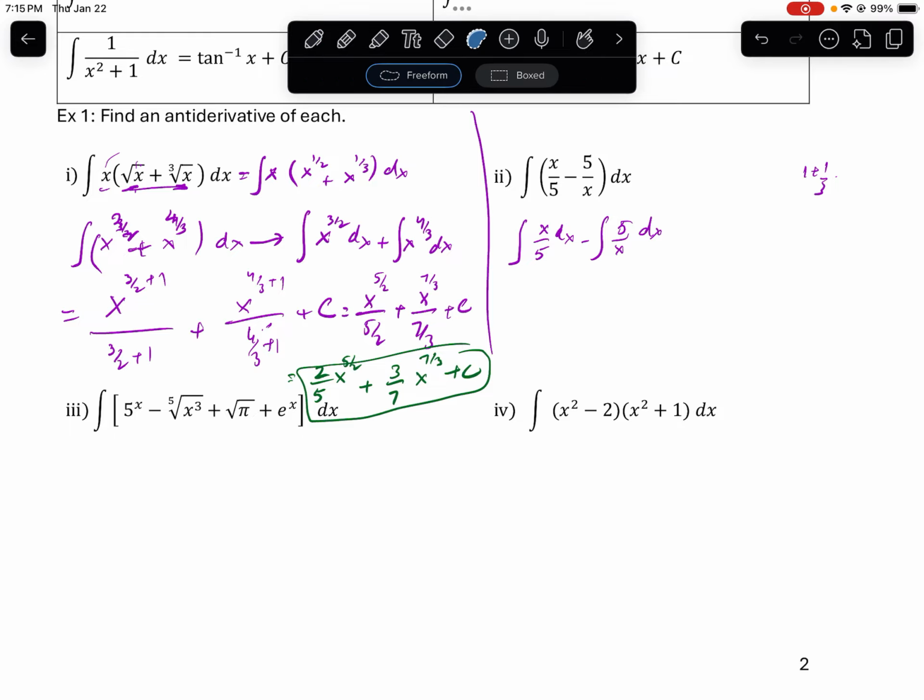Now we have to think about how to solve it. In the first case, the constant is 1 over 5, so I can say 1 over 5 integral x dx.